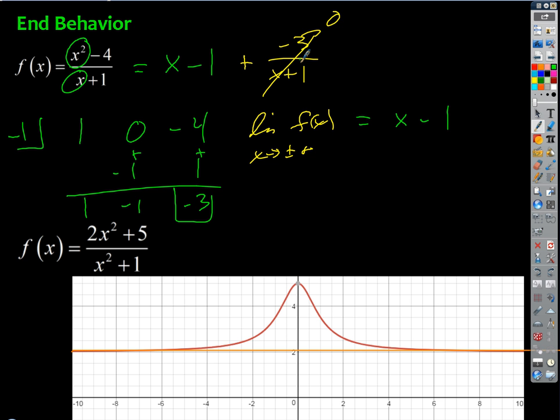So what's the asymptote going to look like this time? It's not horizontal and it's not vertical. Yeah, it's slanted, right? This is what we'd call a slant asymptote, right?